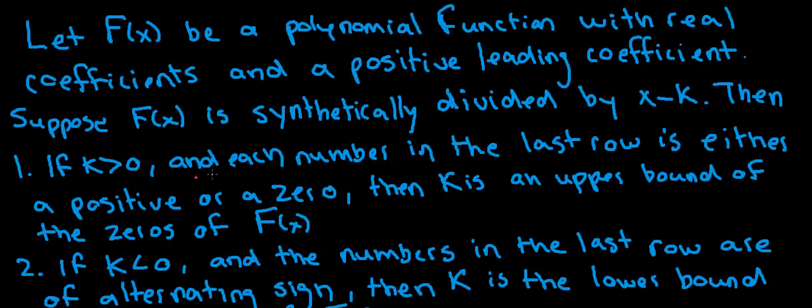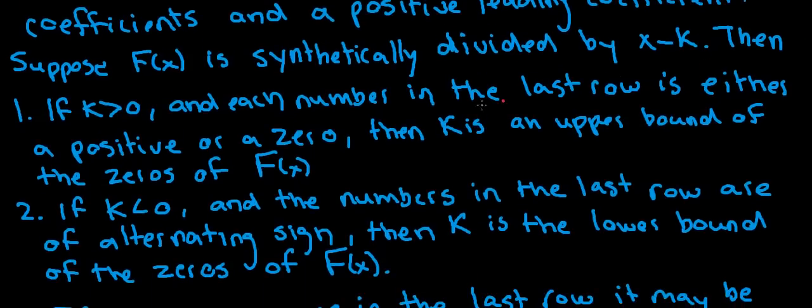Then, if k is greater than 0, and each number in the last row, when we've done our synthetic division, is either a positive or a 0, then k is considered to be an upper bound of the zeros of f of x.